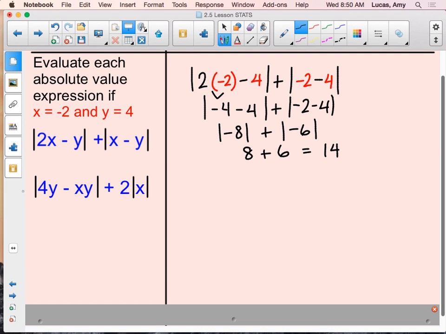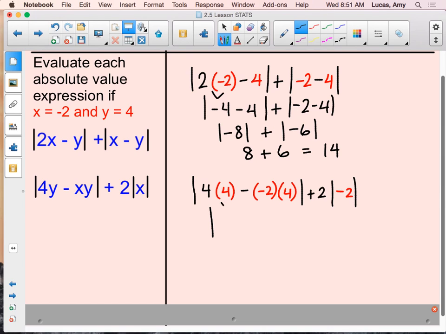One more on this slide before it gets a little bit trickier on the next one. So 4 times y, which is 4, minus x times y, plus 2 times the absolute value of x. All right.